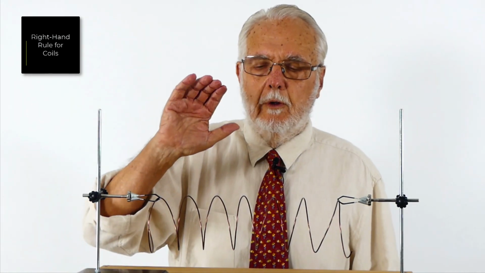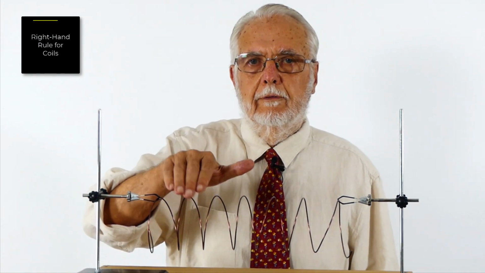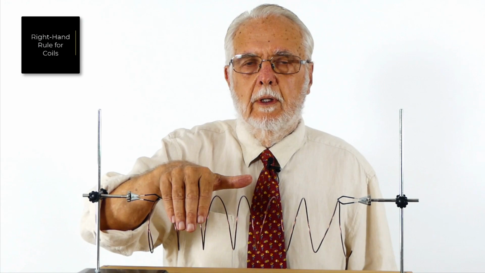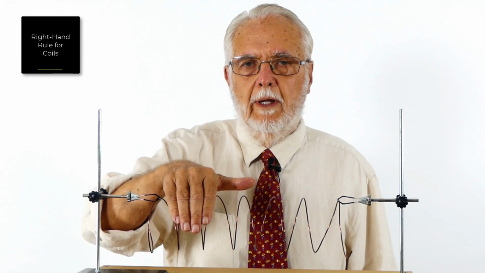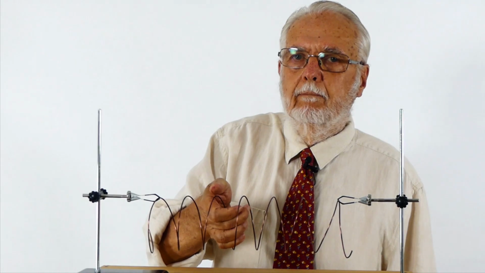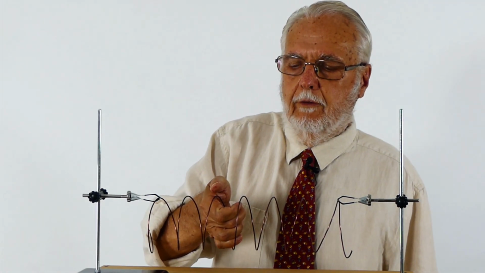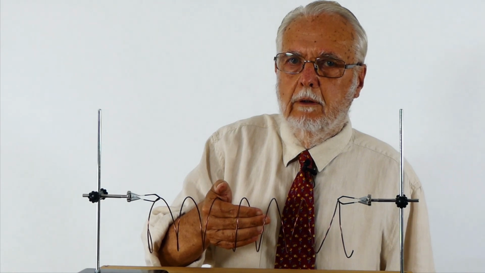So here's a large model of a coil. The right-hand rule for coils is that if you put your fingers in the direction of current flow, the thumb points in the direction of magnetic field. The old rule for straight conductors still works, so you put your thumb in the direction of the current and the fingers go in the direction of magnetic field.